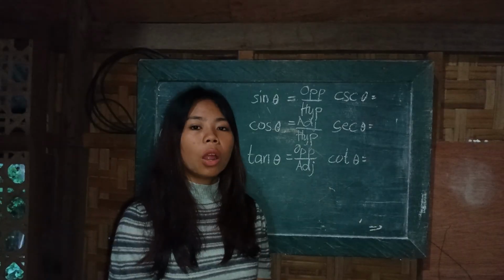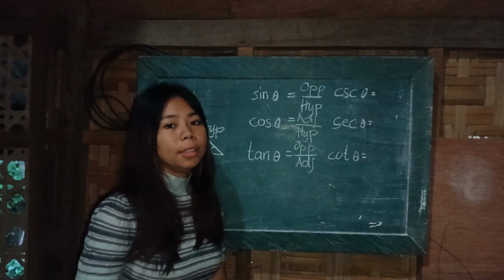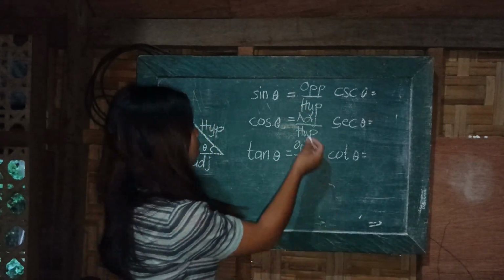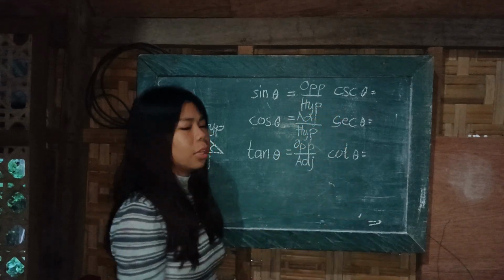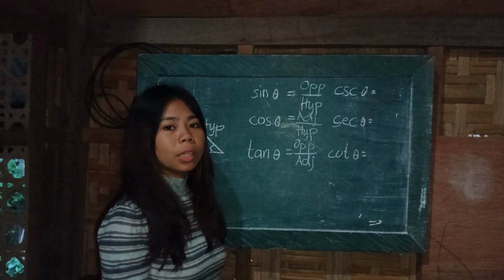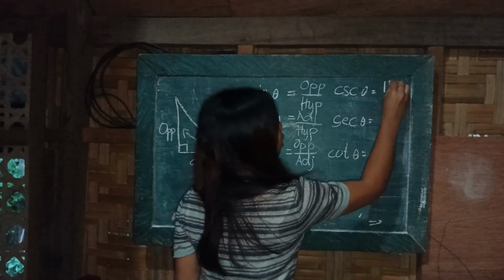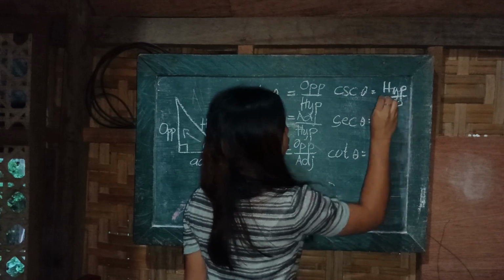Now, cosecant is the reciprocal of sine theta. As you can see, sine theta is equal to opposite over hypotenuse, so the reciprocal, cosecant theta, is simply hypotenuse over opposite.